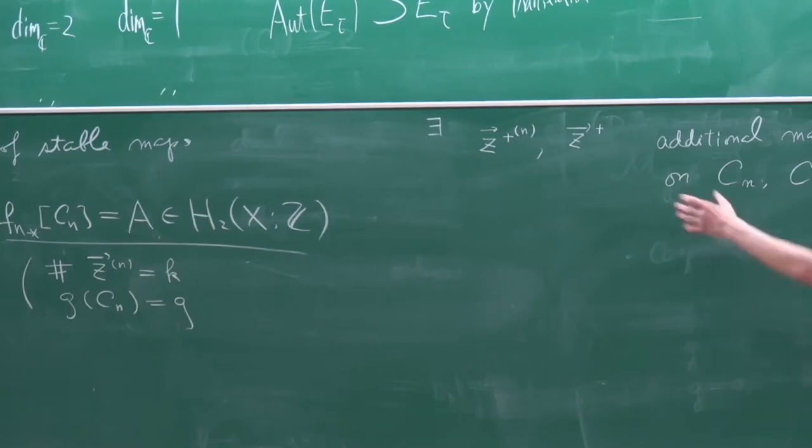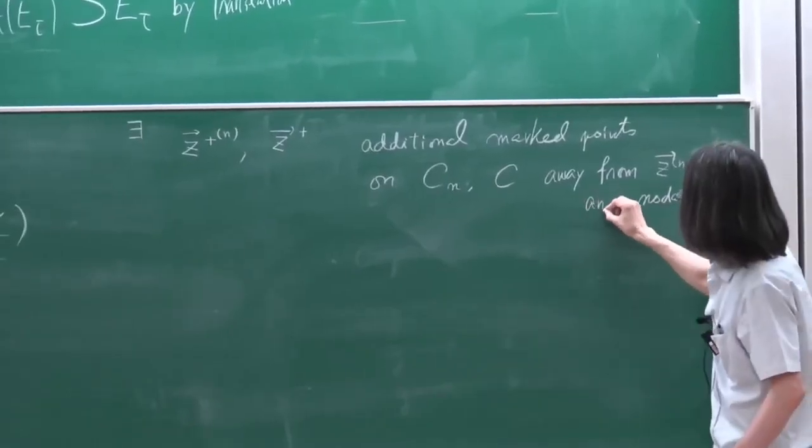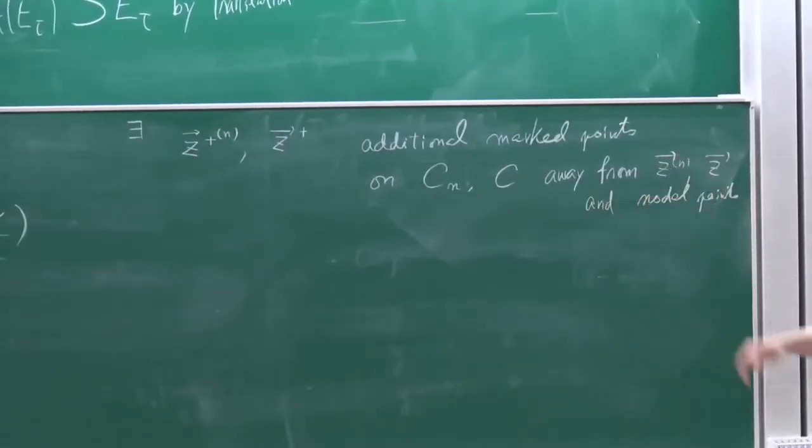Always we assume that mark points are away from nodal points. And here we also assume that these new mark points are away from the previous mark points. Okay?